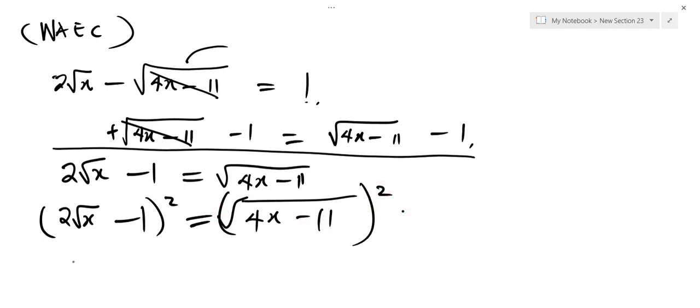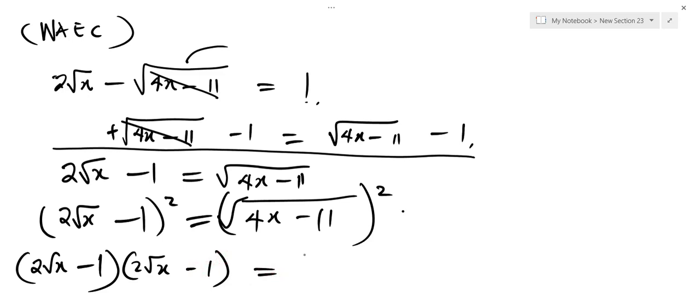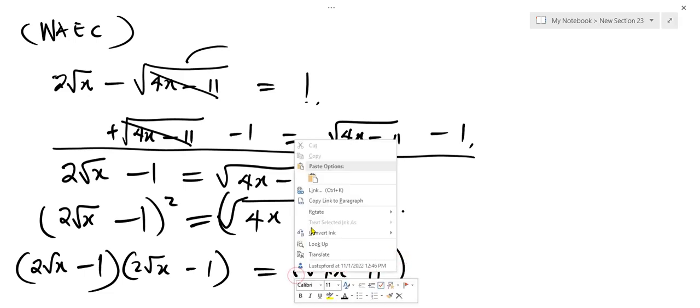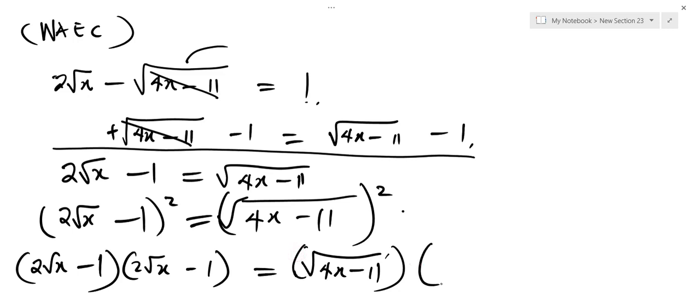So squaring both sides, what I would get here is 2 brackets open 2 times x and 2 times square root of x minus 1, bracket close, bracket open, 2 square root of x minus 1, which is the same thing as the square root of 4x minus 1 times the square root of 4x minus 1, sorry.